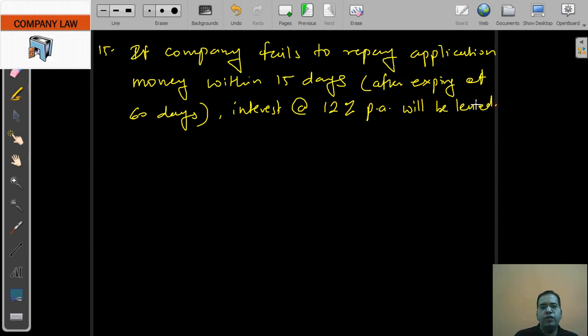So this much interest can be levied on the company if it fails to repay the application money for not allotting the securities within a period of 60 days.